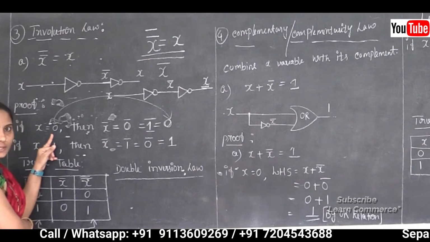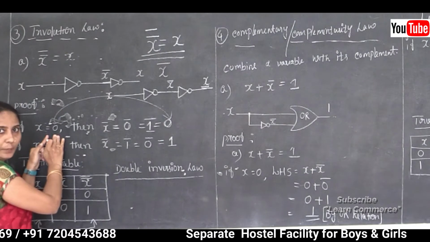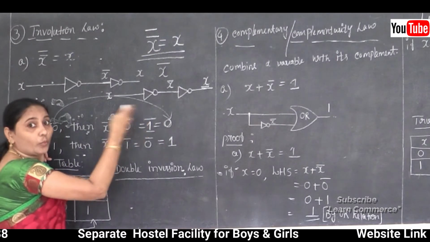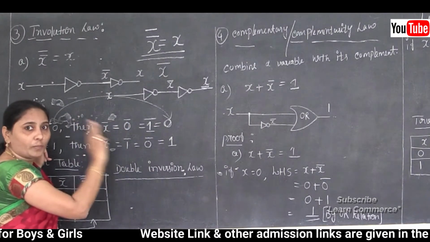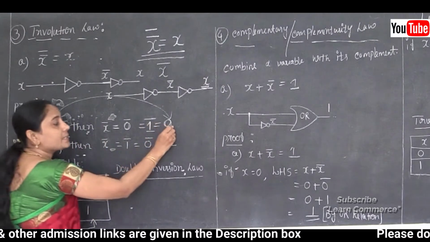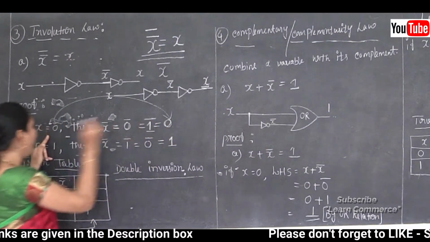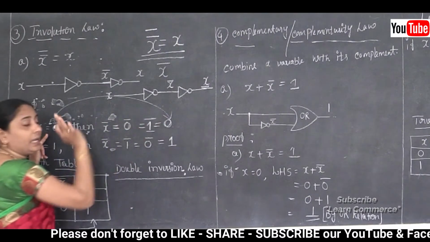So we can say the same law holds: the complement of a variable, complemented twice, not more than that, just two times, gives the same variable, the same value. The value of x at first is the same value we get at the last.